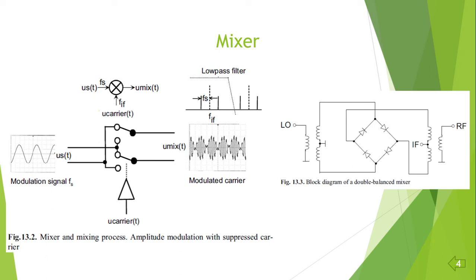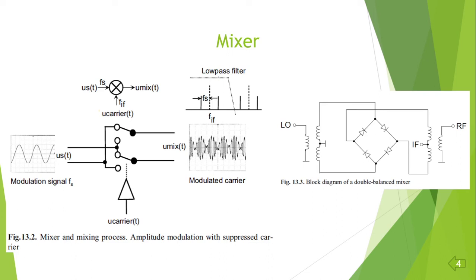Look at figure number 3. This figure is a block diagram of a modern analog double balanced mixer. The polarity of the modulation signal is switched by 4 PIN diodes.